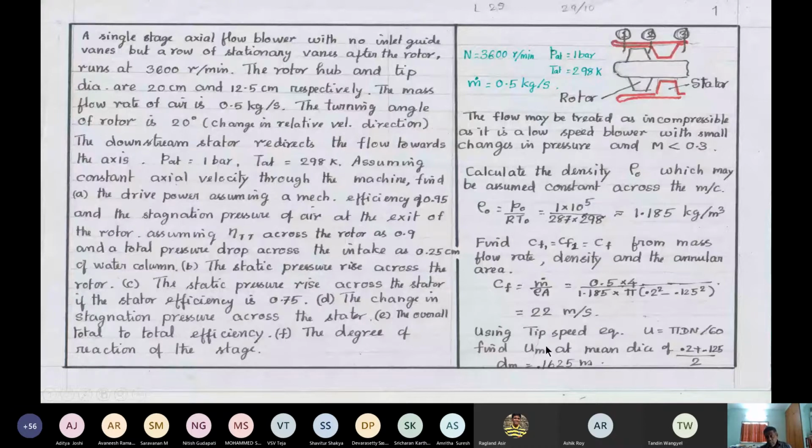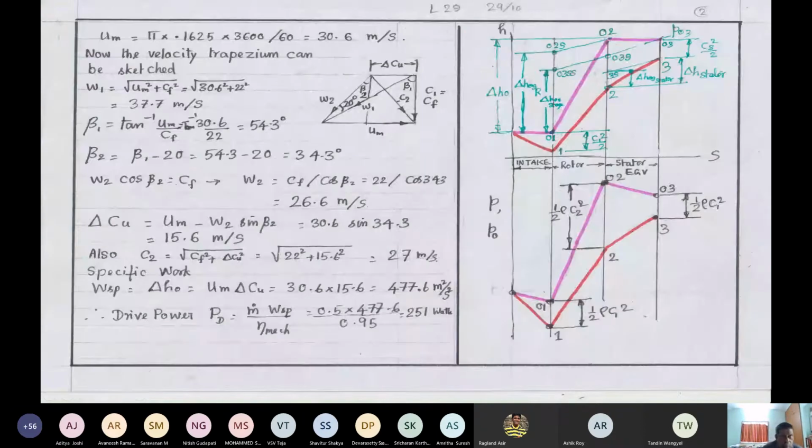So the mean speed, at the mean diameter, that is hub plus tip divided by 2, mean diameter is 0.1625 meters. So we get the mean speed Um, which is equal to pi into D mean into N by 60, and the tip speed is 30.6 meters per second.